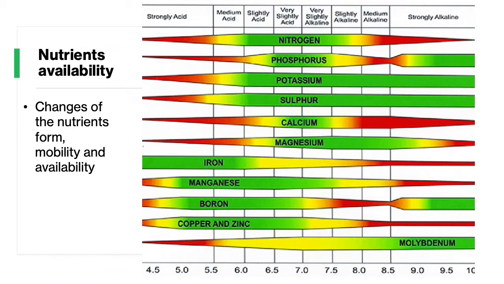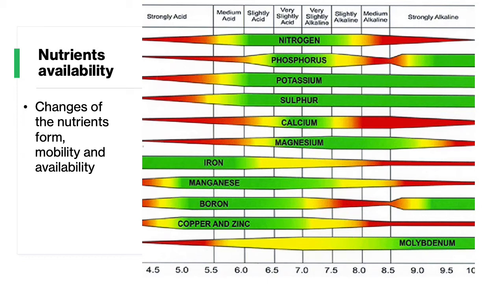It means that nutrients which are more mobile and more available are easier for the plant to take up. If a nutrient becomes immobile, it is very difficult for the plant to take it up. That's why nutrient form is very important. The more available the nutrient, the more easily the plant can take it up.